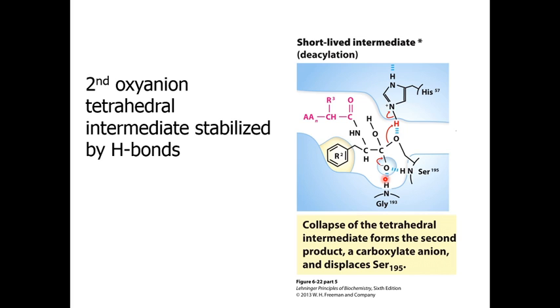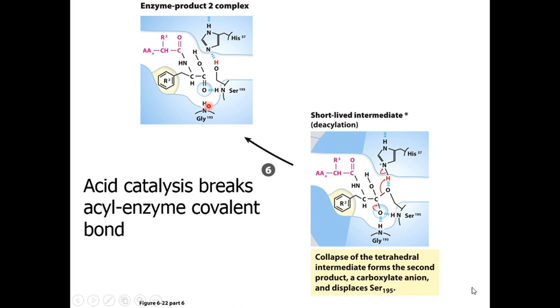Again, this is the same diagram from the previous slide, and as a result of the collapse of the tetrahedral intermediate, you're left with the product. Now, this is the second product, and once this product is released from the enzyme, you will get product 2. This is enzyme product complex 2, so you could say EP.